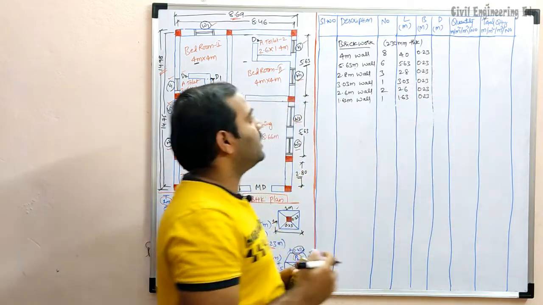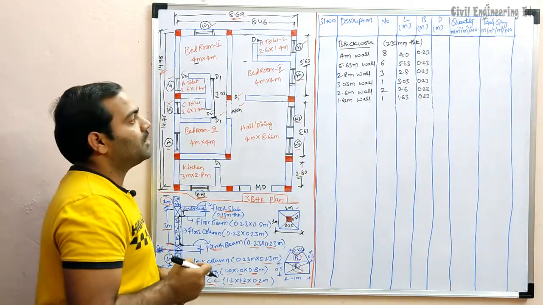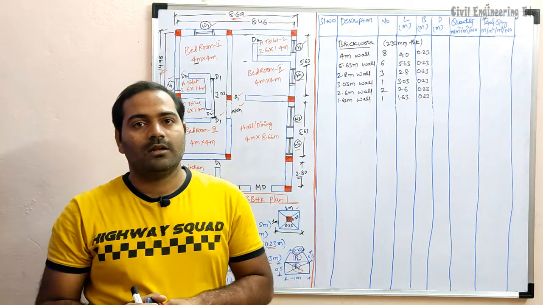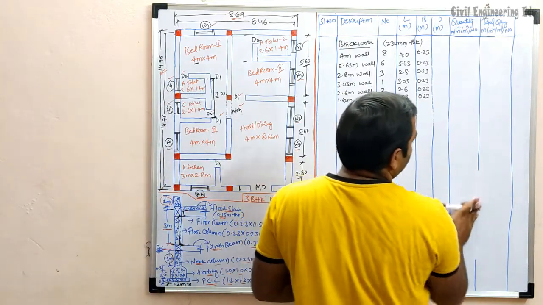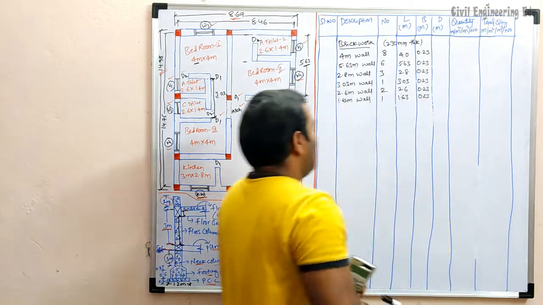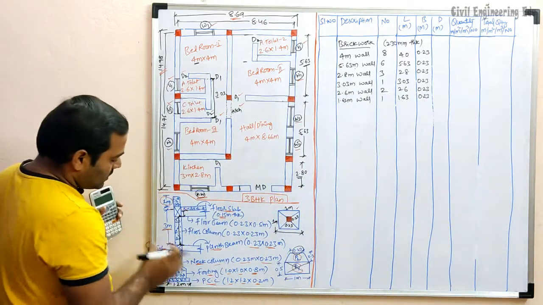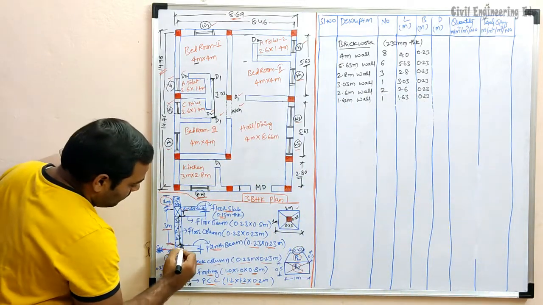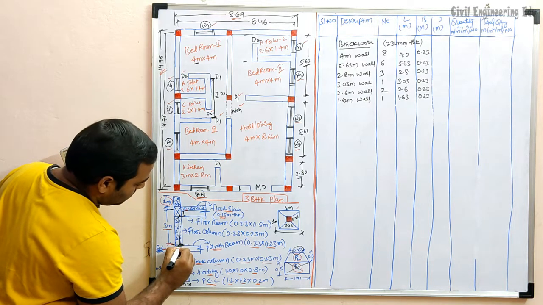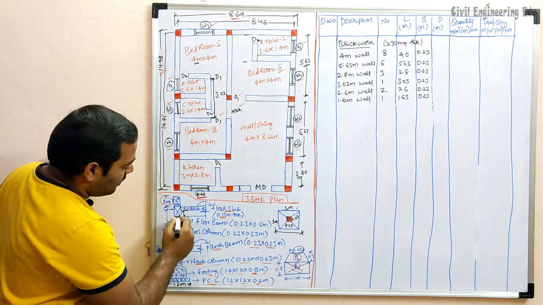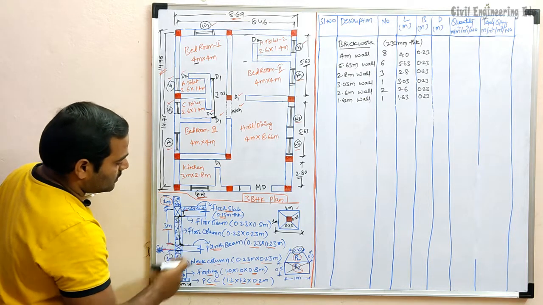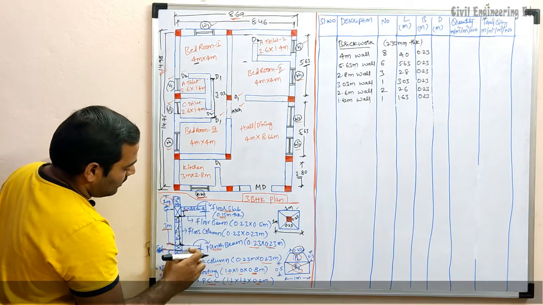Next one will be the depth or height of the wall. How to calculate the height of the wall? It will not be the same for all brick walls. Let us come to the structural section. From the top of the plinth beam to the bottom of the floor beam, the wall will be between two beams, the floor beam and the plinth beam.